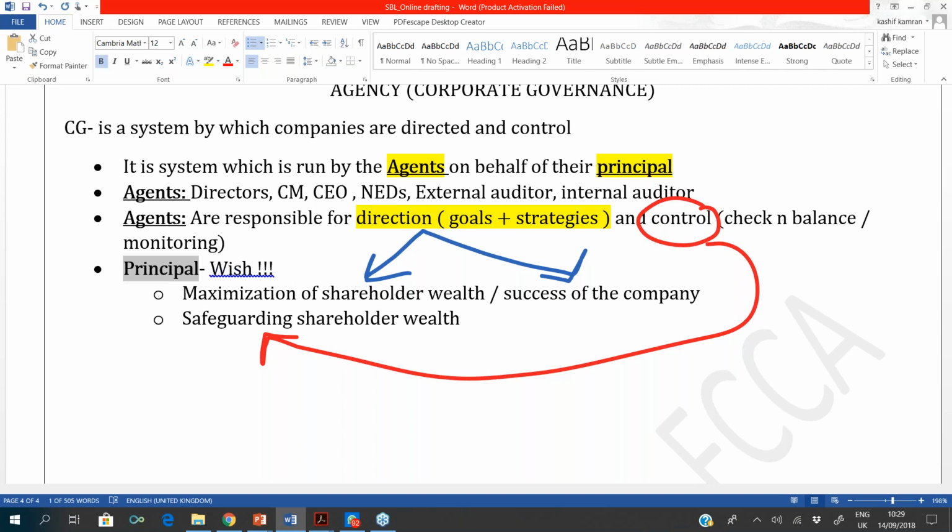Now, I think I've explained this system to you in many contexts. I first explained the system in the context of leadership. Then in the context of insider systems and outsider systems. Then in the context of direction and controls. And now I'm explaining it in the context of agency.